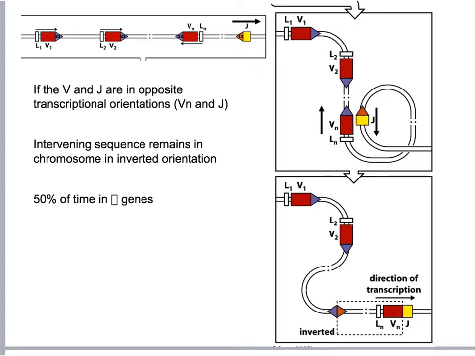All right, so here, they're saying take this, going in this direction, the V and the J. The only way you can get them together, you can't just loop it over here. You have to go loop and around.